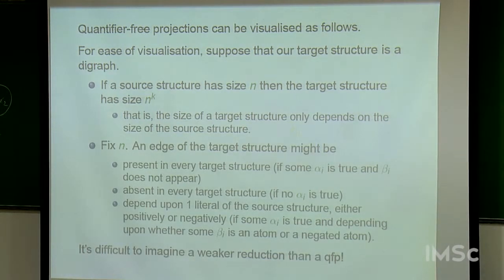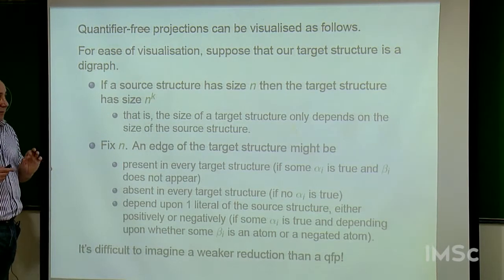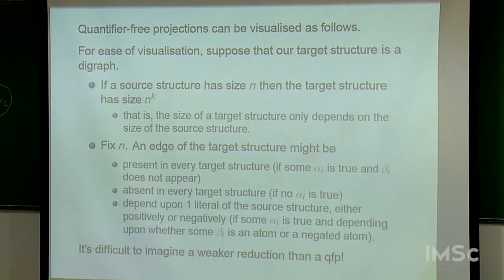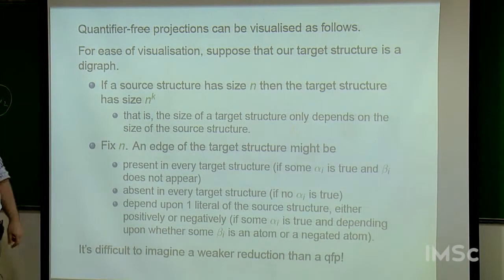And as we're just talking about digraphs, we want to know the circumstances as to when an edge of the target structure might be there or might not. Well, if we fix n, the size of my structure, and I just look at translations according to this reduction on structures of size n, either this edge is always present because one of the alphas was true.